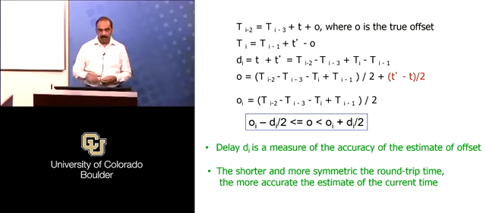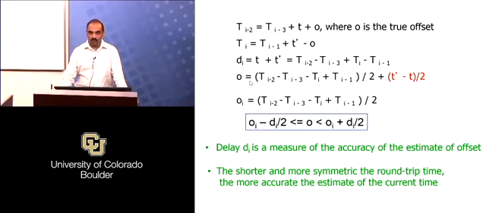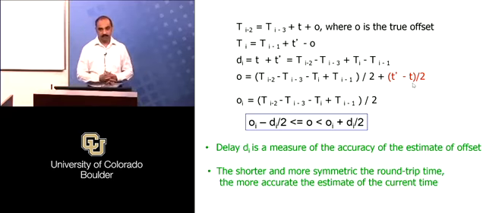Now, when you look at this true offset O, what we know is these four times. What we don't know is this part. So what you do is you estimate your offset to be this, basically ignoring the unknown part, and that happens to be your error bound.